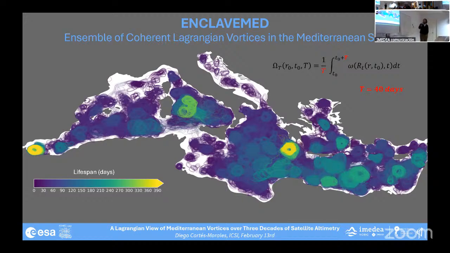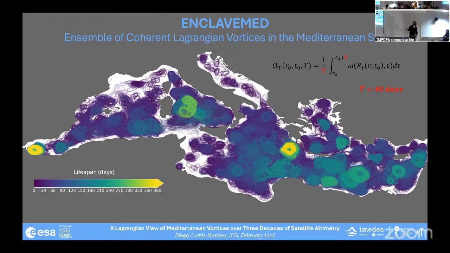Here you can see all the Lagrangian vortices identified in the Mediterranean Sea, and the colors show the lifespan: all the days that we are able to identify the structure in the same position or very close positions.